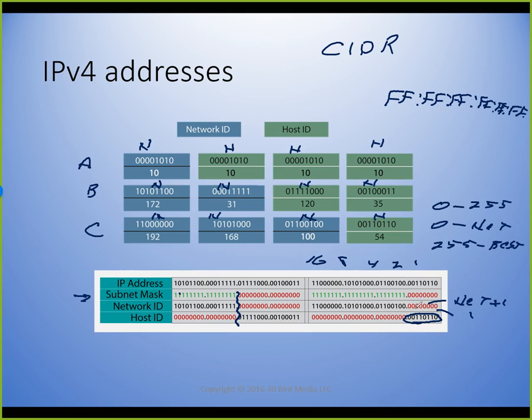The broadcast address is where the host address is all 1s. And the broadcast goes to every station in that network, in that subnet. If we have all 1s in a single octet, it's going to be 255.